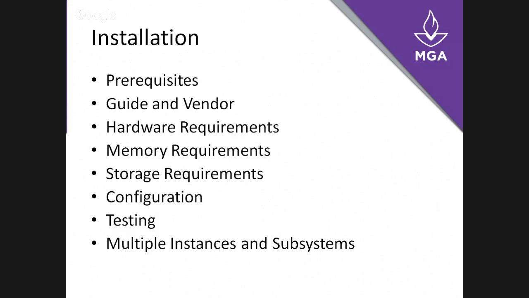Okay, installation. Something that I am very fond of and very familiar with by this point. The first thing that you really need to do when you're installing a product, or actually upgrading, because a lot of this is going to fall under the same umbrella of upgrades, is look at prerequisites. You're going to have to look at support documents that vendors such as Oracle or Ellucian, in the case of Banner, provide to ensure that whatever upgrades or installation you need, you have all the right systems, whether minimums or what growth will require over time.